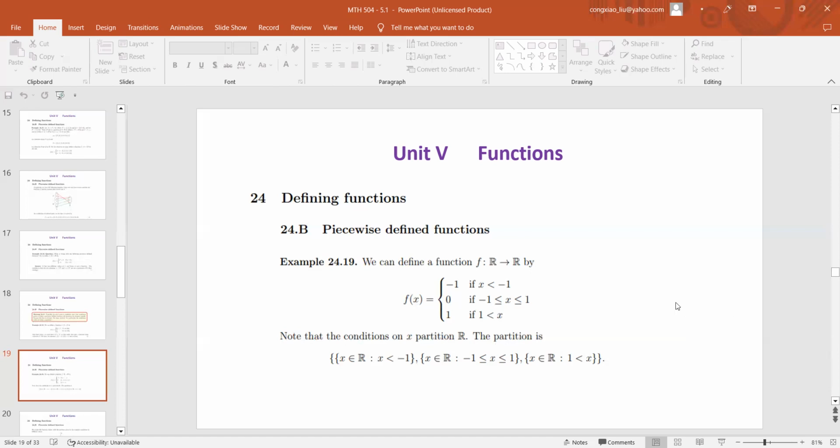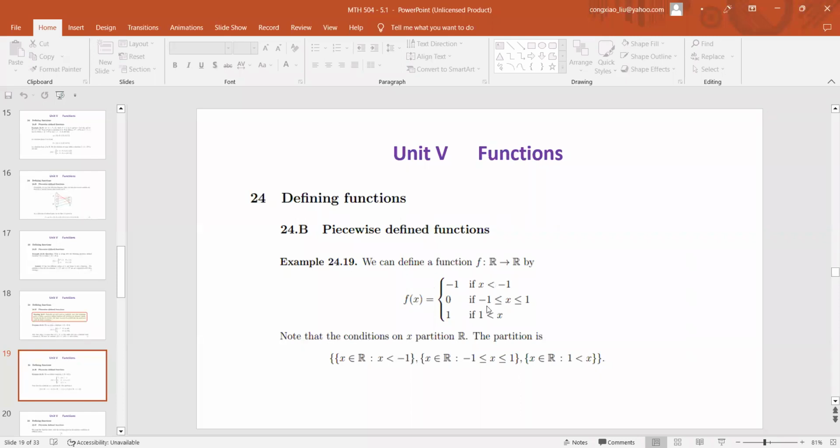If you try to plot this function, it will have three pieces. The first piece corresponds to the region of x less than -1, and the y value is -1. So that's a horizontal line below the x-axis, not including the endpoint -1 for x.